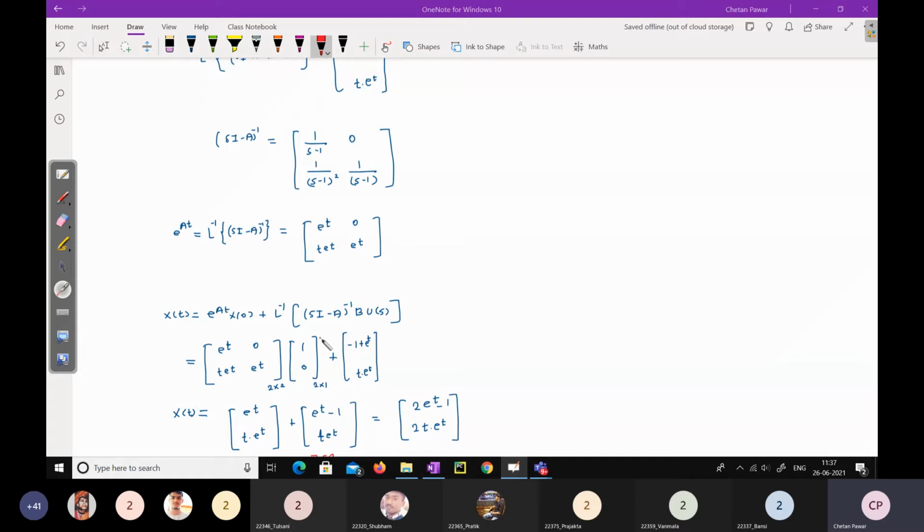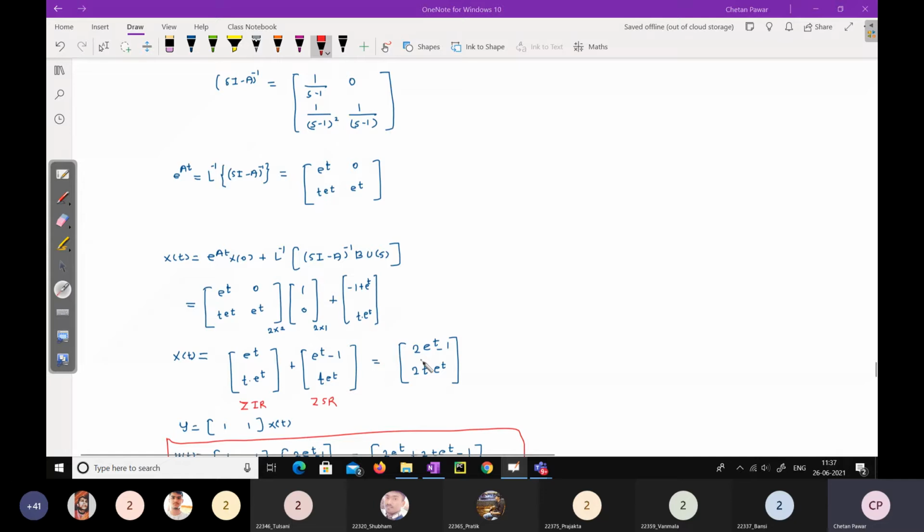And this particular term we have already found. If you do the matrix multiplication, you will get the vector 2 into e raised to t minus 1, 2t into e raised to t. So you got the state equation for the inhomogeneous system.